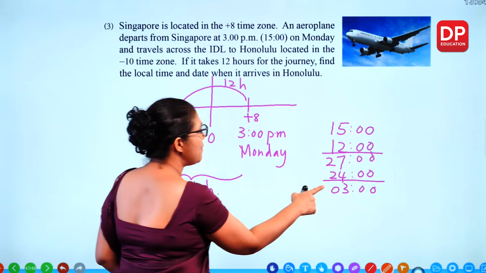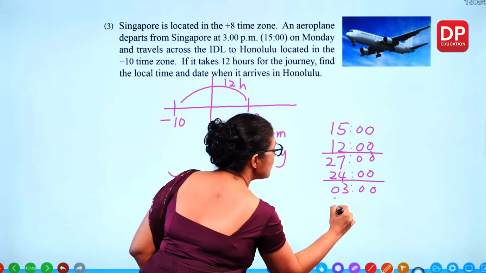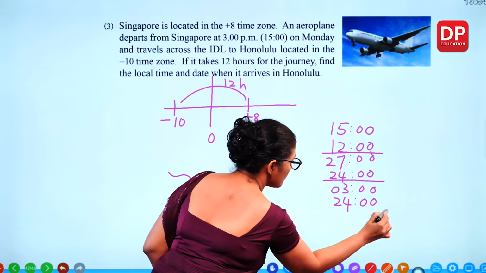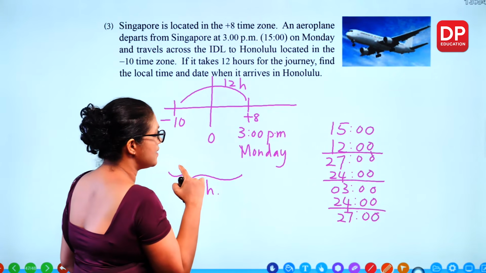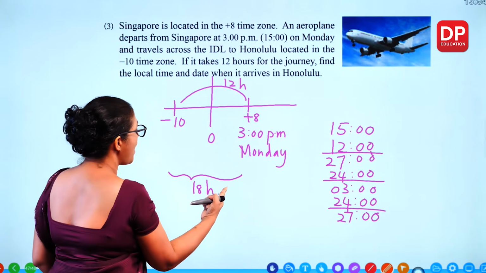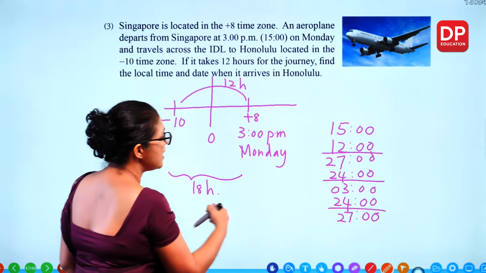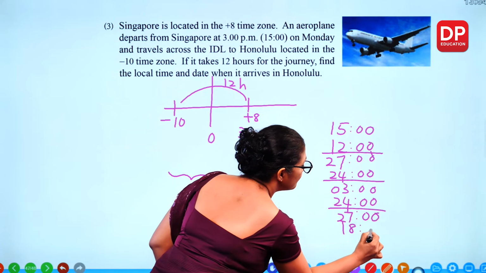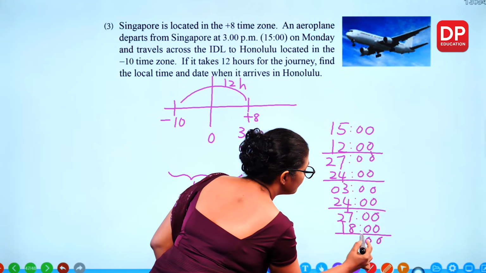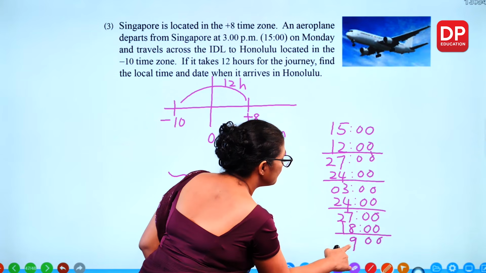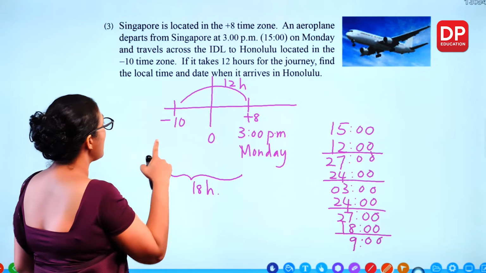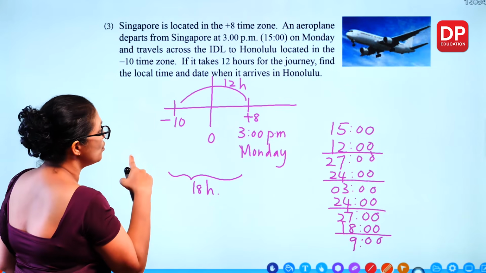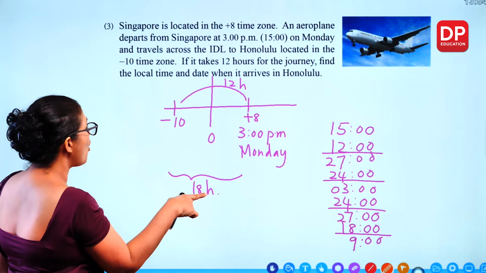So 3 means in the morning, at 24, 27 is the time. So subtract 18 from that. So 9 is the time in Honolulu. So what's the time? That's in the morning.